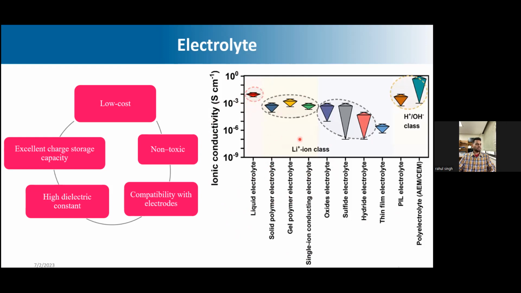But as I mentioned earlier, liquid electrolyte cannot sustain, and safety is a major concern. So solid polymer electrolyte, gel polymer electrolyte, single ion conducting electrolyte, these are relatively low in ionic conductivity. They show very low conductivity.